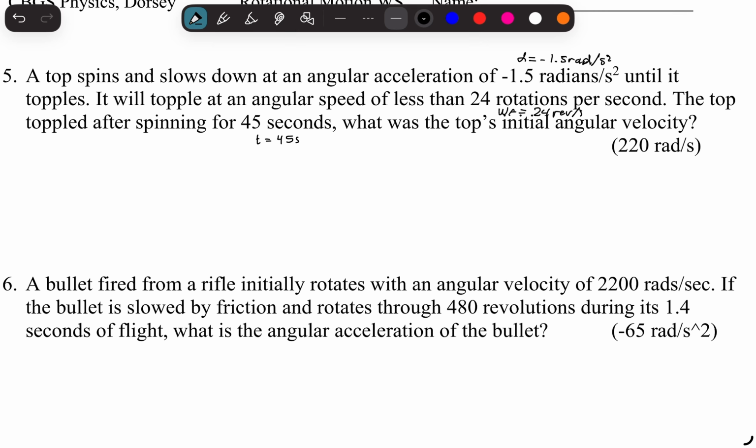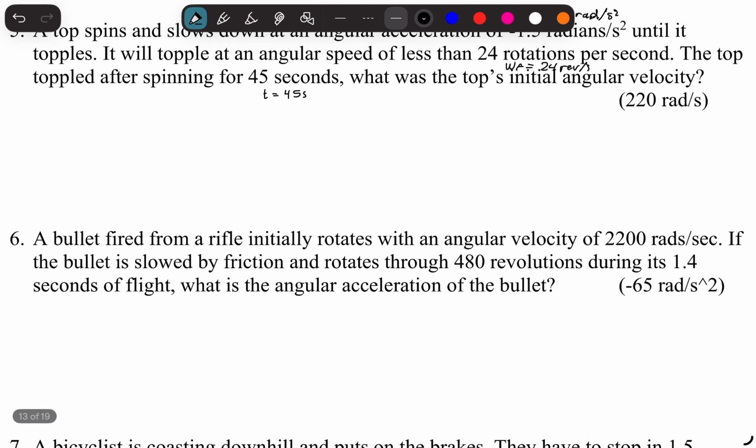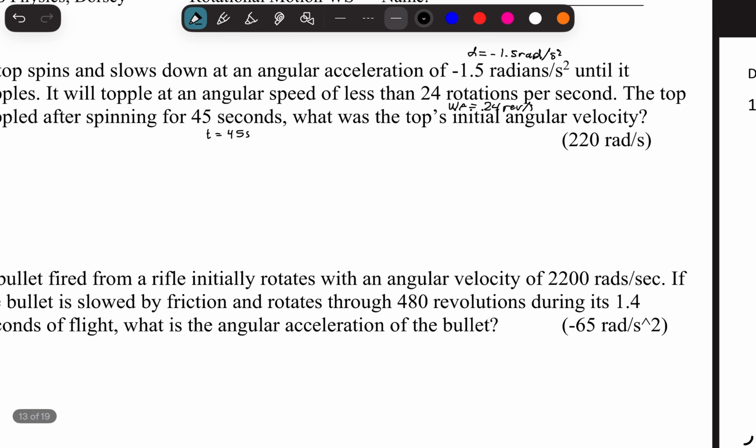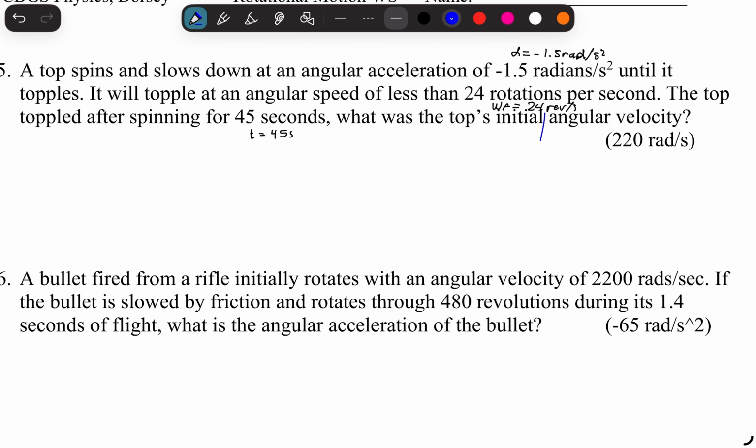We have to convert the final angular velocity into rads per second. So omega f is equal to 24 times 2 pi, which is equal to 48 pi rads per second.